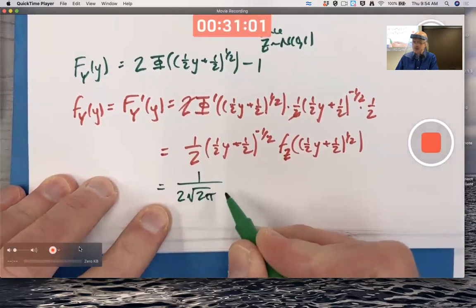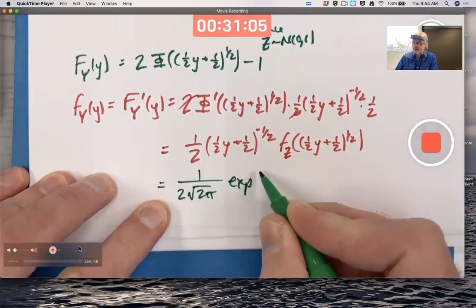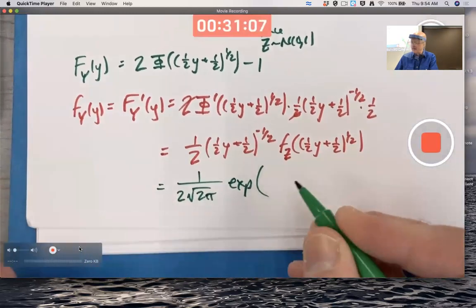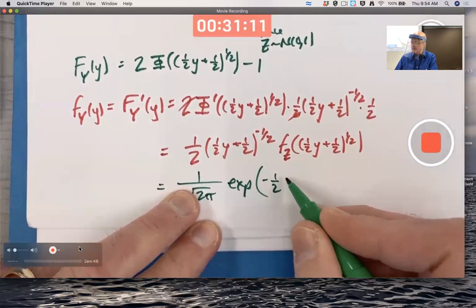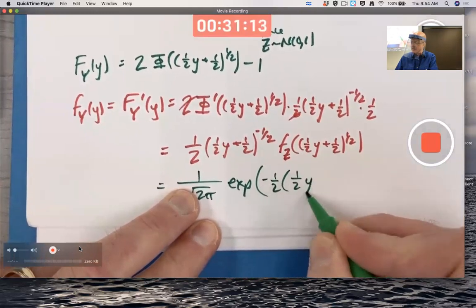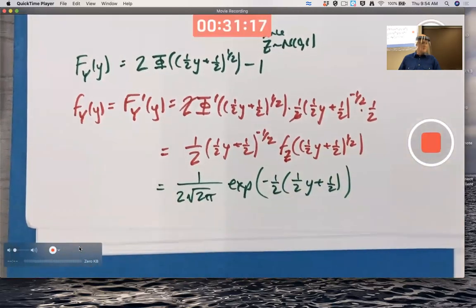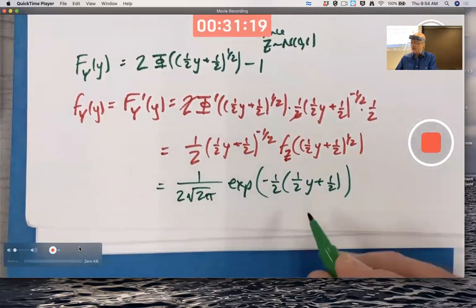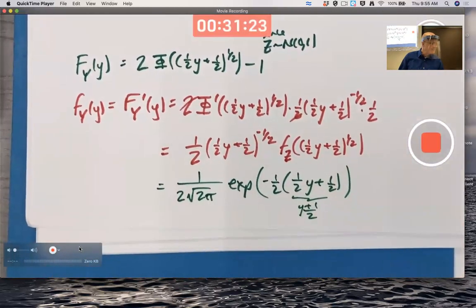Sigma is 1. I'll go ahead and write it with EXP, negative 1/2. The square root's going to go away. You're going to have a 1/2 y plus 1/2 in here. You could also write that as y plus 1/2.